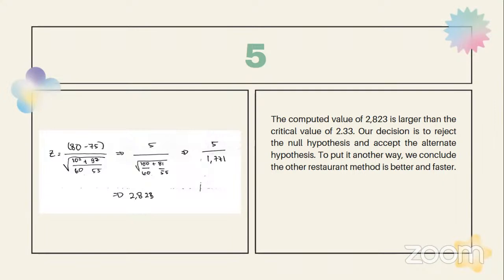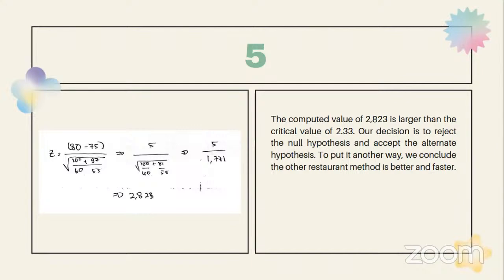The result is 5 divided by the square root of 100 divided by 80 plus 81 divided by 75. Here we get the result 2.823.